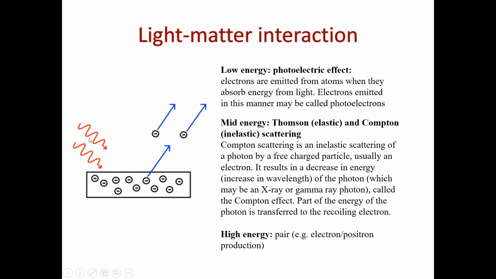So when a wave comes in, I could interact, and at low energy, I might just have some emission of electrons from this material. And those are called photoelectrons. At some sort of mid-level energy, I'm going to have some form of scattering, and it could be elastic or inelastic. And I combine both for most of the energies that we are thinking about.